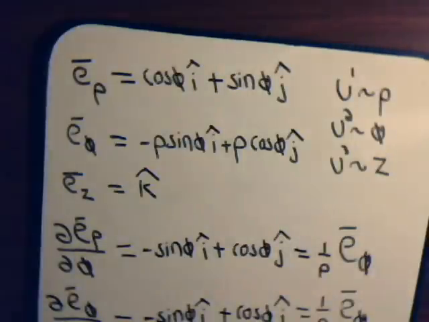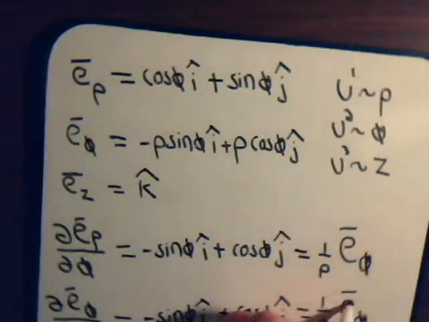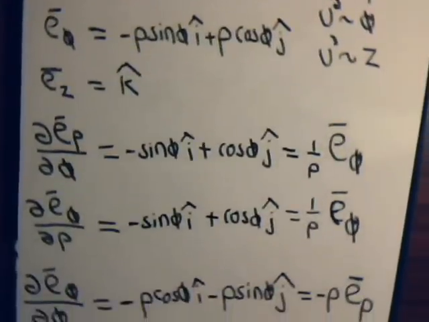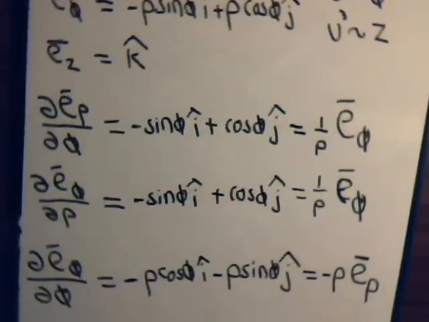So when we take all those derivatives, we have 3 non-zero expressions right here. This is equal to this, and this is equal to this. So what we're going to do is write these at the top of the board after we make some space. So let's do that real quick.